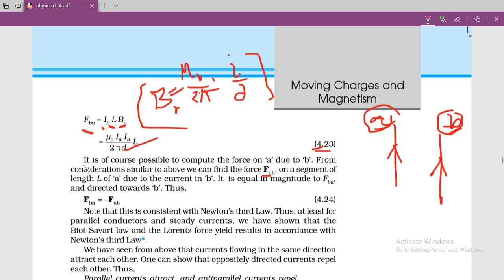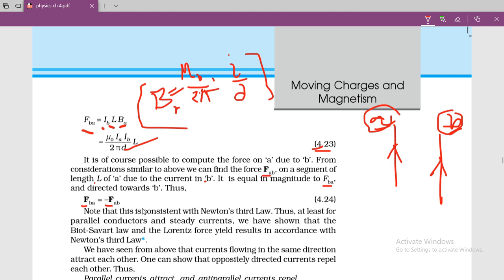We can find the force FAB on a segment of length L of A due to the current in B. It is equal in magnitude to FBA, but opposite in direction. So we can write FBA is equal to minus FAB. The directions of force FAB and FBA are given by Fleming's left hand rule.